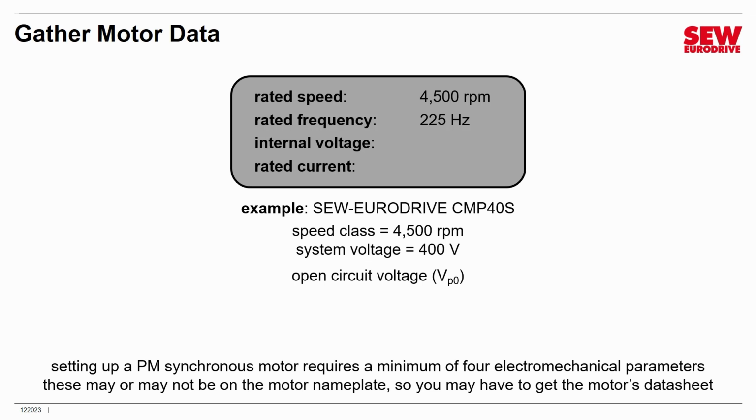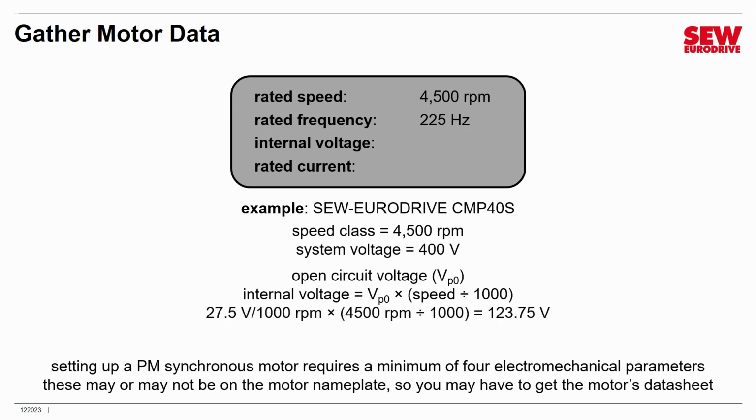This is a value that has a rather unusual unit. It is volts per 1,000 RPM. So I had to look this up for my motor, and then I do a calculation. You calculate the internal voltage by multiplying this value, V sub P0, times the motor's speed divided by 1,000.